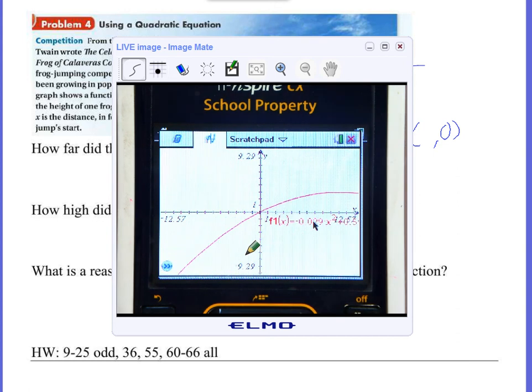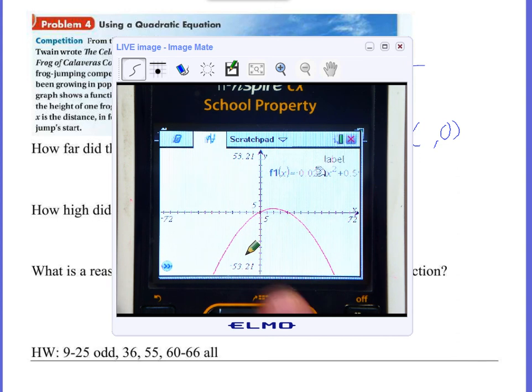I hit enter. This frog's path is not on my graph, so I got to change my window. So I'm going to try to change my axis here by zooming out. Okay, this guy's in the way, so I'm going to move it.